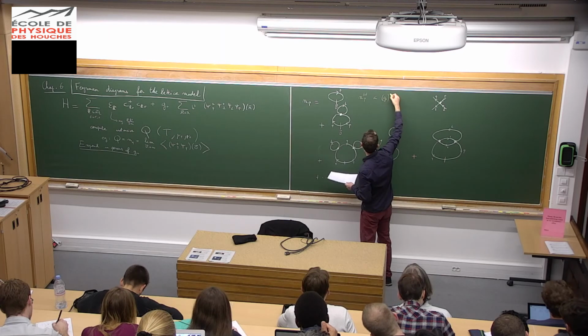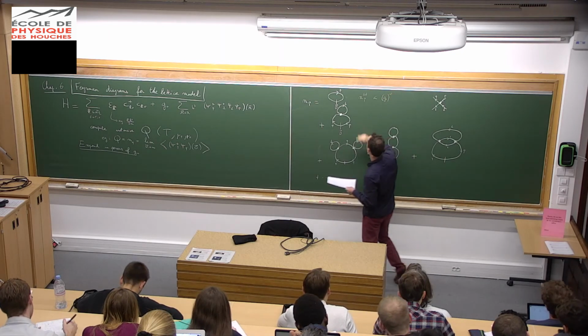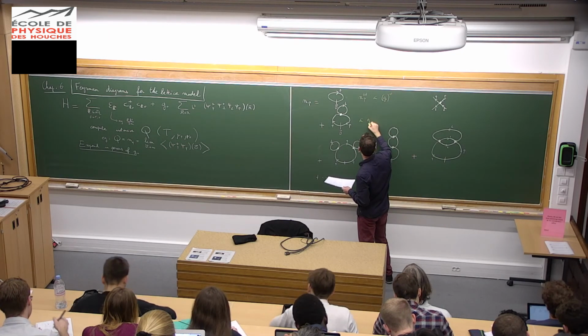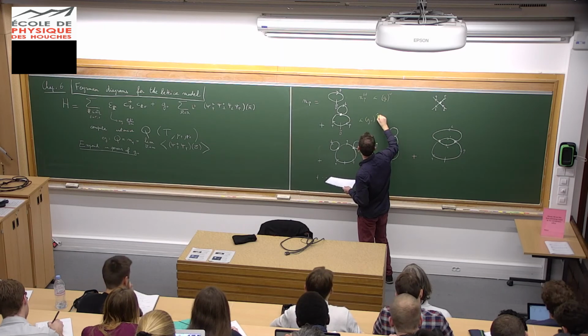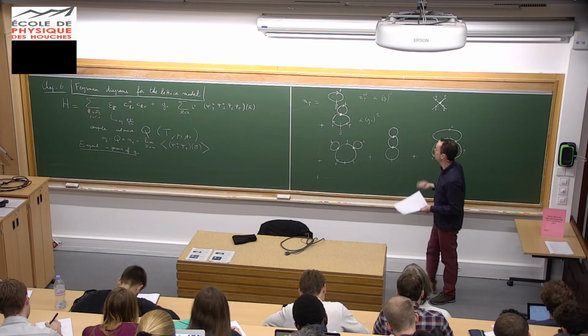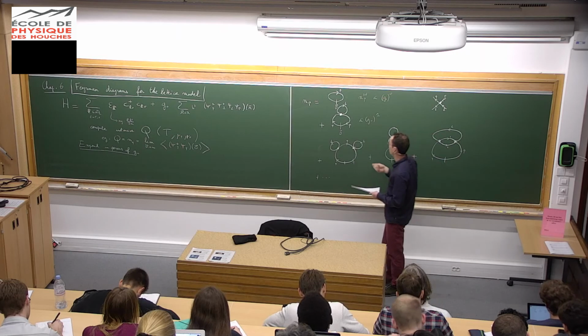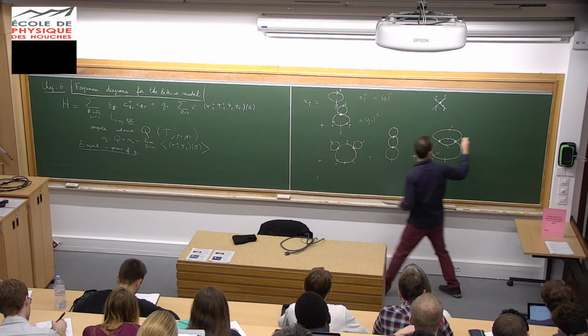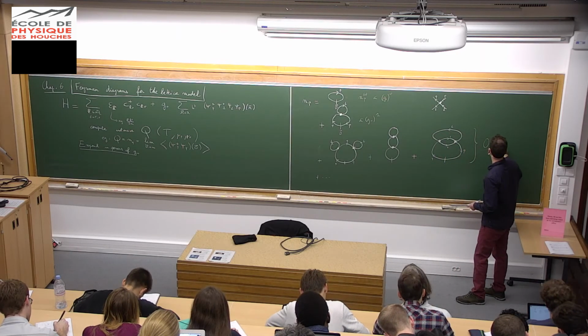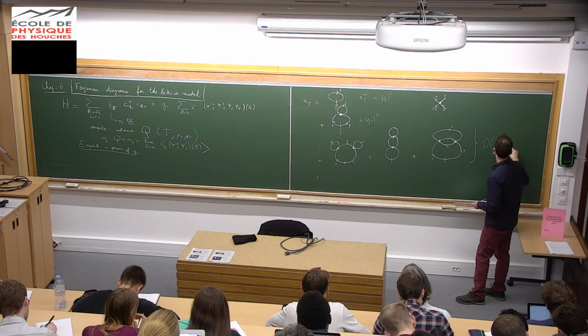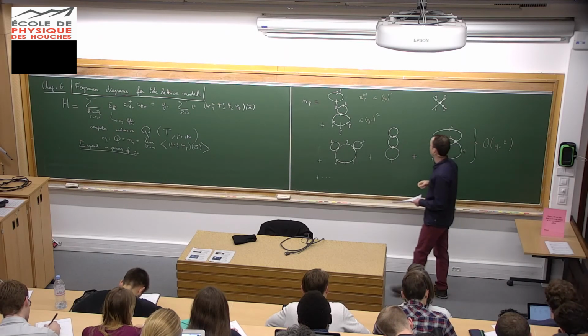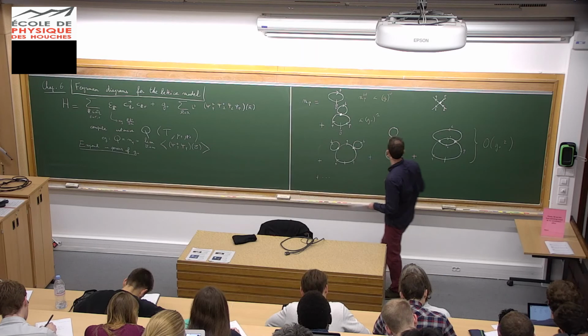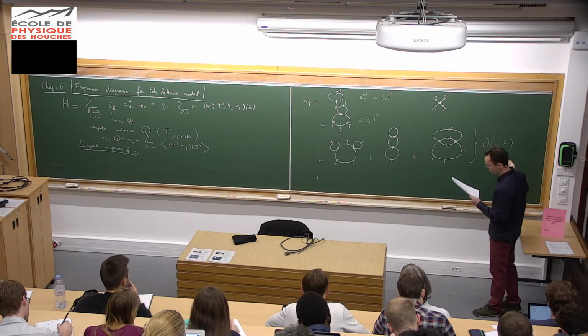It's of order g0 to the power 0. This one is of order g0 to the power 1. So it corresponds to the mean field correction. And these ones are of order g0 squared. So the general rule is that for each vertex, you have one factor g0.